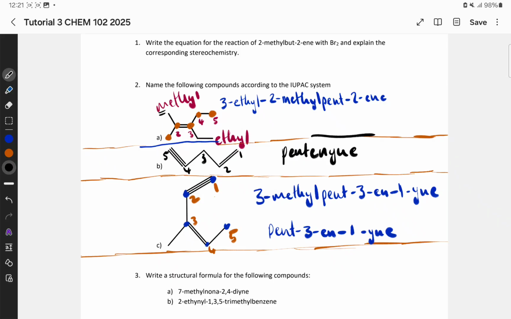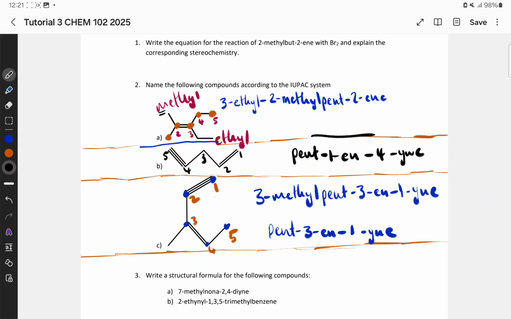So this now becomes pent-1-en-4-yne. This is going to be the name, okay? How good is this? I know you'll have it. I know you love it. So this is exactly what it is. Pent-1-en-4-yne. Isn't it? That is what it is.